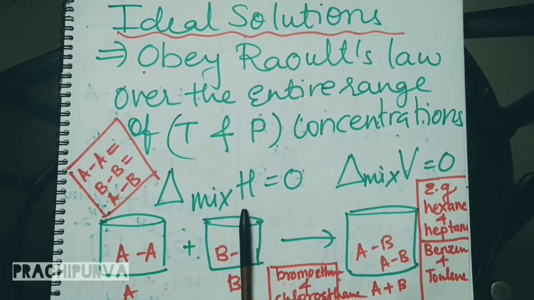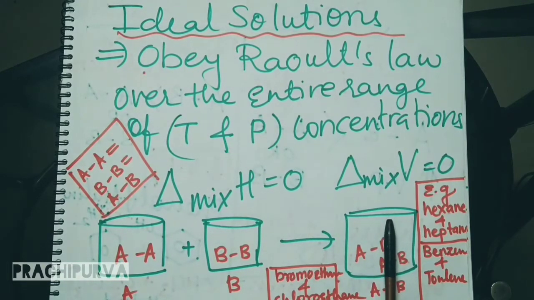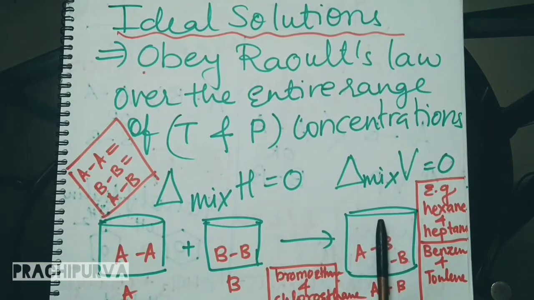That's the second criteria. What is the third criteria? When I mix, there should not be a volume difference. What does that mean? If you remember in a previous session, I said that volume is not an additive property. If I take 80 ml of water and 20 ml of ethanol and add them, I expect the solution to be 100 ml, but I don't get that.